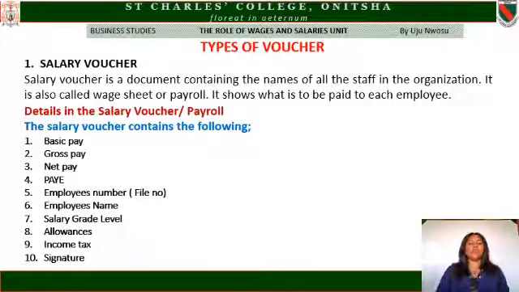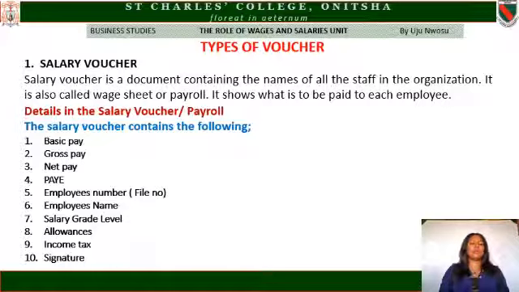It is a document that contains the names of all the workers in the organization and their payments. There are some certain details you can see in the salary voucher.